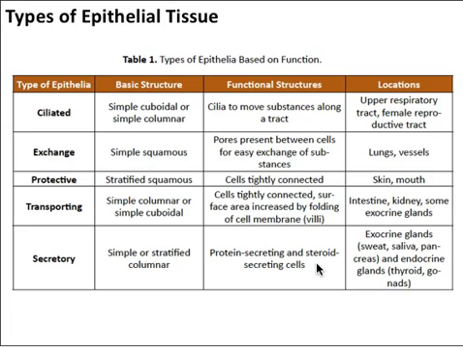Types of transport include things like vesicular transport and other types of active transport, such as symports and antiports. And where do we find these tissue types? In exocrine glands, such as sweat, saliva, or pancreas, and in endocrine glands, such as the thyroid, the gonads, and the adrenals.